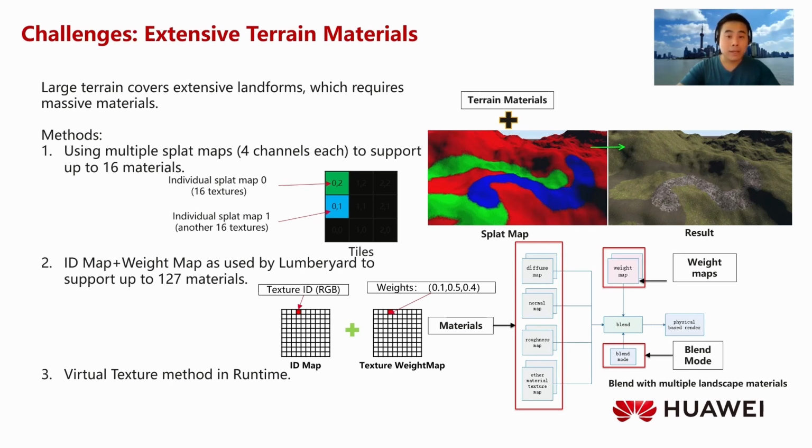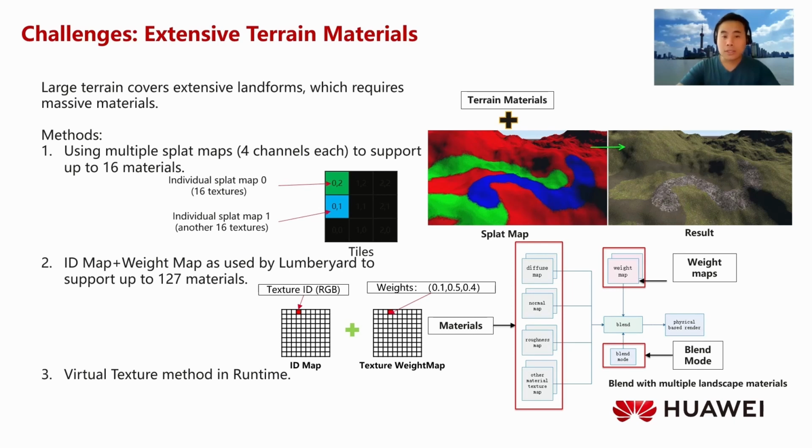Keep in mind that the maximum number of texture slots is a very precious resource. It is a hardware limit and varies on different platforms from 8 to 32. It can be easily overwhelmed by landforms with many materials, not even including the basic height map and shadow map requirements.